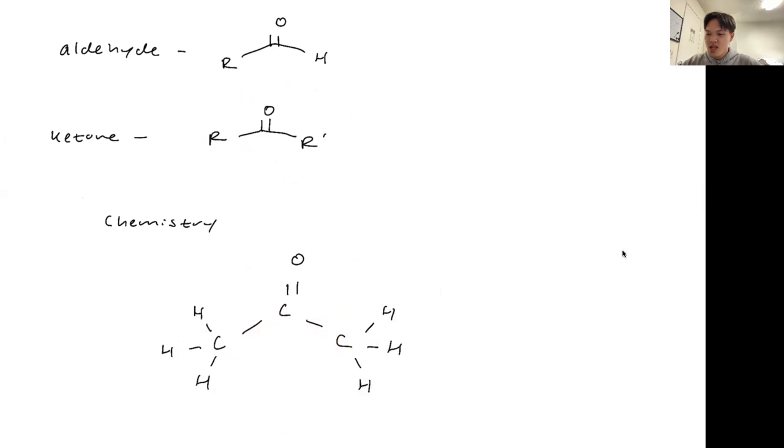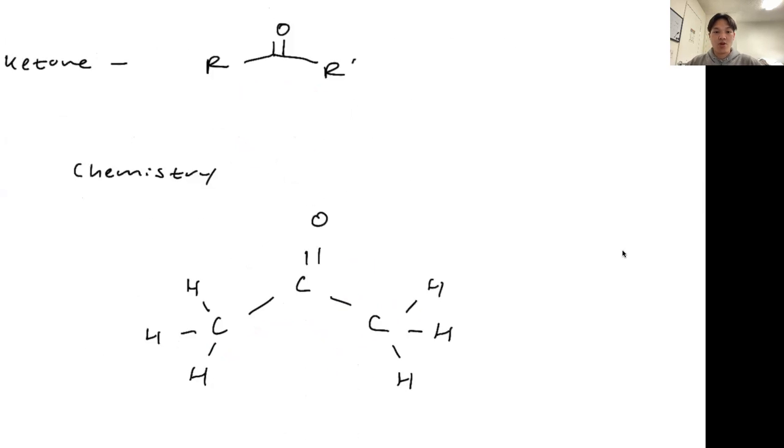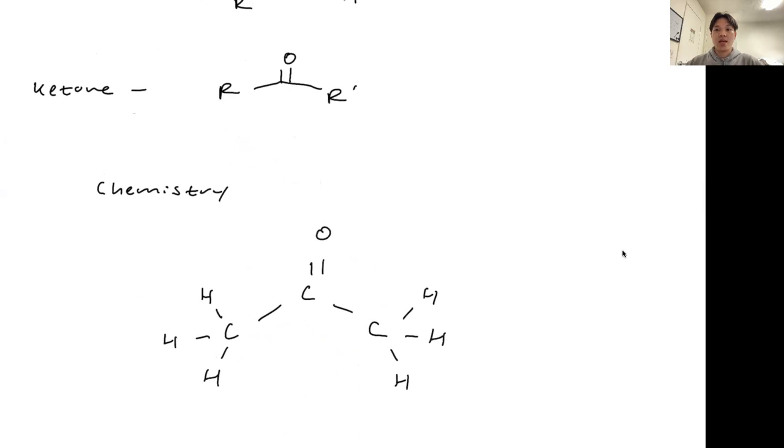Let's take a look at the special chemistry that's with ketones and aldehydes in general. If you look at this bond here, the C double O bond, it's not evenly shared. We usually think of covalent bonds, and the definition of a covalent bond is the sharing of electrons.